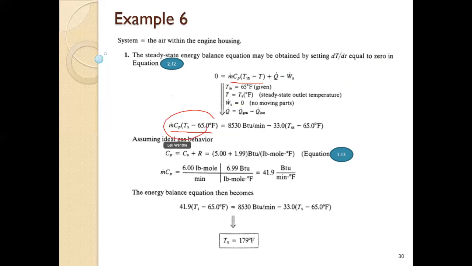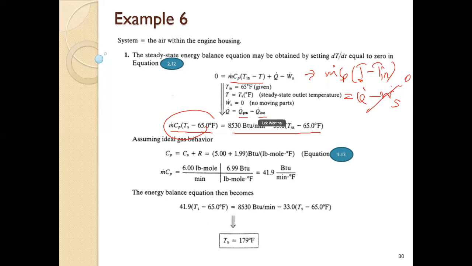Okay, what is this? It should be MCP dT/dt equal to Q dot, equal to C. Then you get MCP (T steady state minus T in, 65 Fahrenheit) equal to Q. Q equals Q gen minus Q naught.